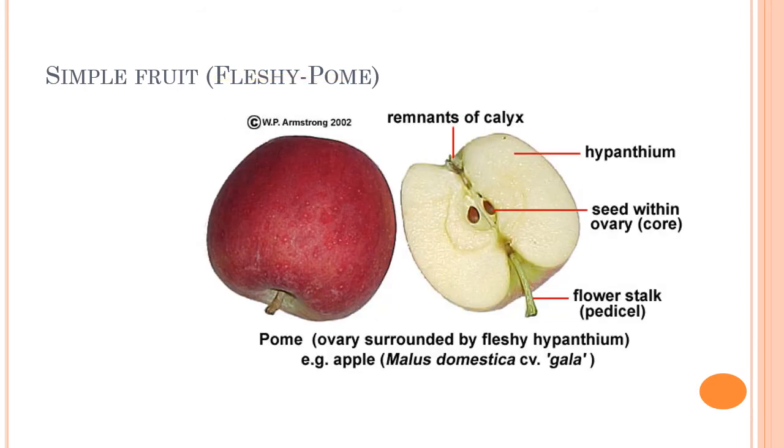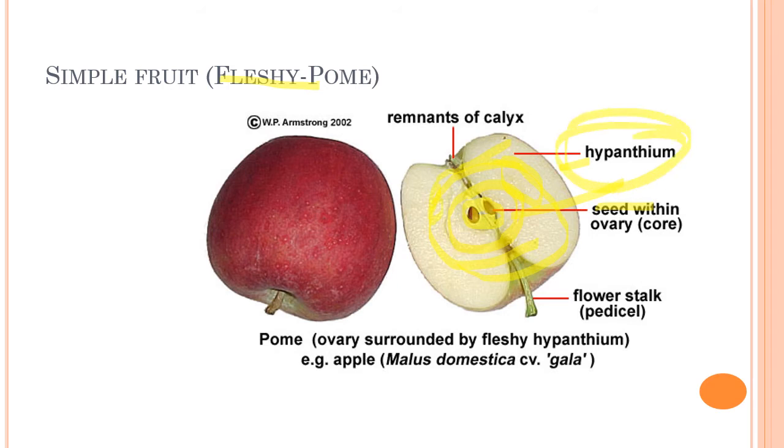So if you look at this pome fruit, an apple, this is the hypanthium. The hypanthium is actually outside of the ovary. This is the actual ovary, and these are the seeds inside. So this is the endocarp. This is still the exocarp, and the mesocarp is here. Outside here is the hypanthium.